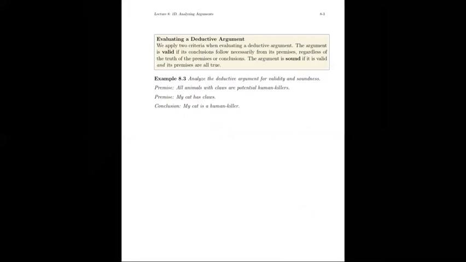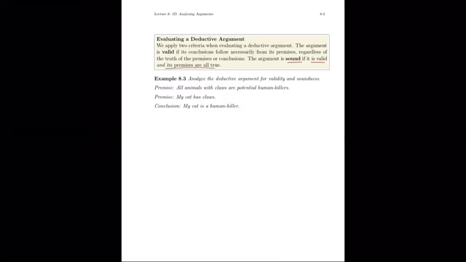After we've determined that the argument uses valid logic, the second thing to do, and it must come second, is assess soundness. You can't assess soundness before validity. If the argument is valid, then it will be sound if all of its premises are true. So there are two things here.